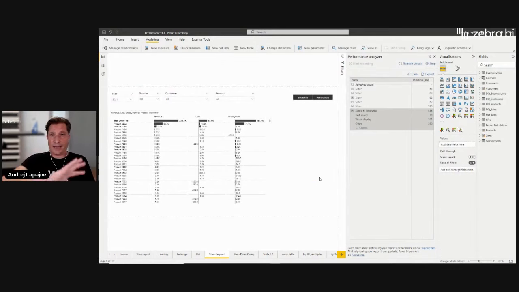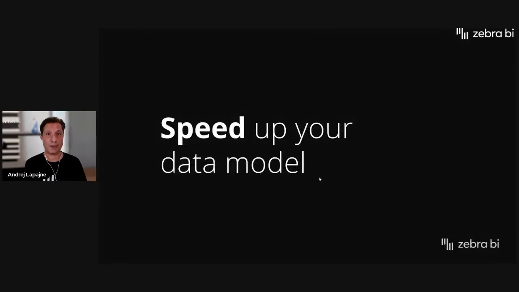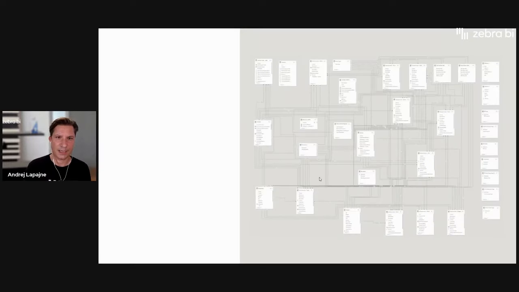All right, once you understand the global picture of your performance, what can you do about it? Now, 80% of performance issues lie in your data model. The logical, conceptual data model that you're using in Power BI is the number one reason for performance issues.